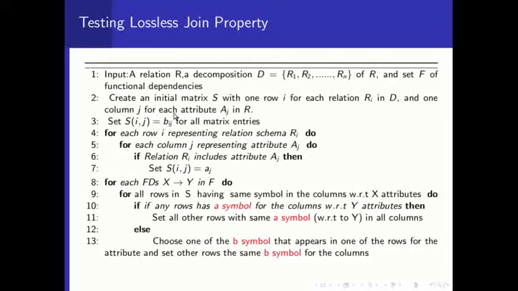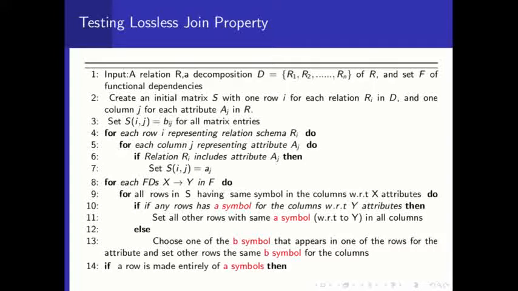We create a matrix initialized with b symbols corresponding to each attribute in the relations. We set the a values, then with each FD, if two rows have the same X value, we make the Y value also the same. That is what the algorithm does.